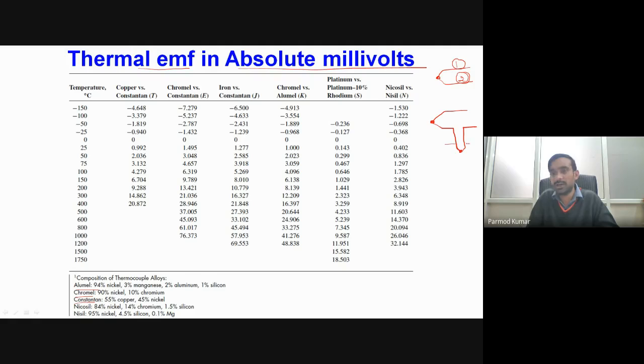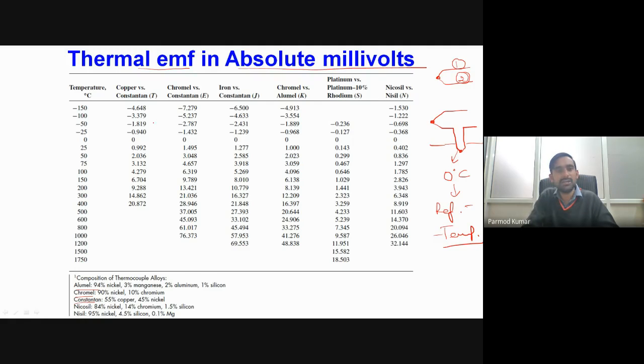Okay, so in this particular table, whatever the values are reported over here, these correspond to a reference temperature of 0 degree Celsius. Okay, so we have considered 0 degree Celsius as reference temperature while giving the values of different thermal EMF which are obtained.